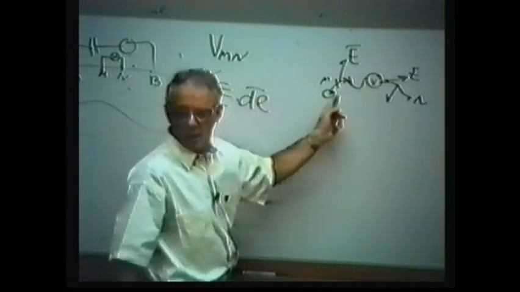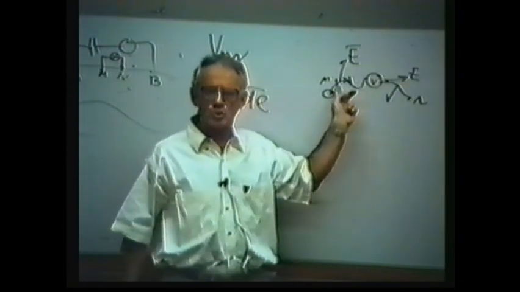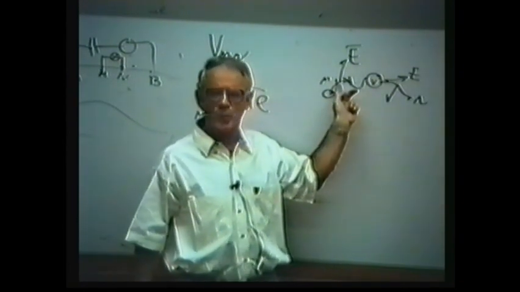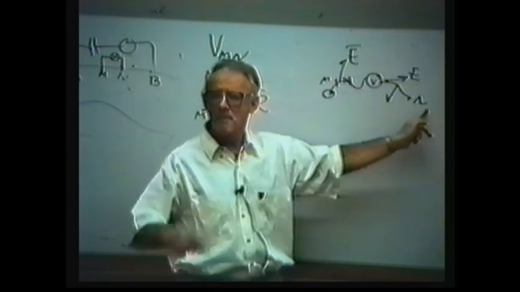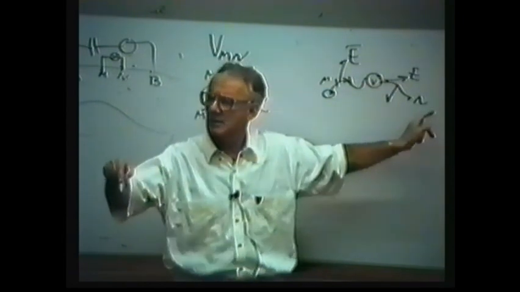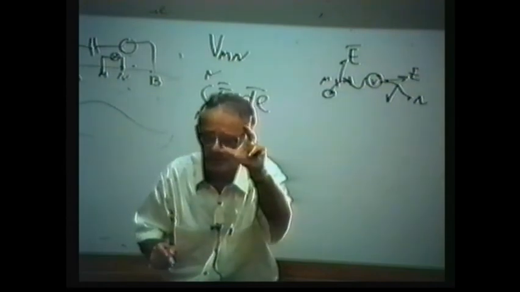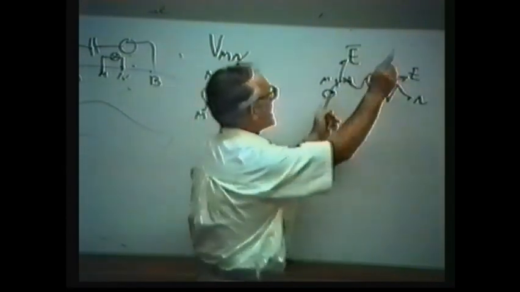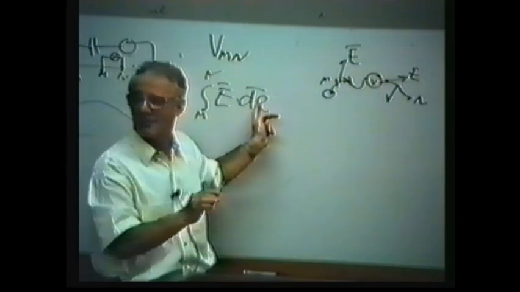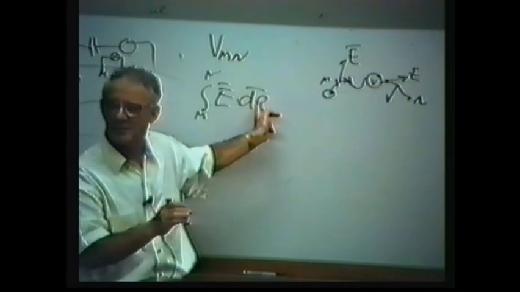Now, the voltmeter does the following. It takes the wire from M to N, mentally divides the wire into many pieces. Then it takes the dot product. You still remember what dot product means?